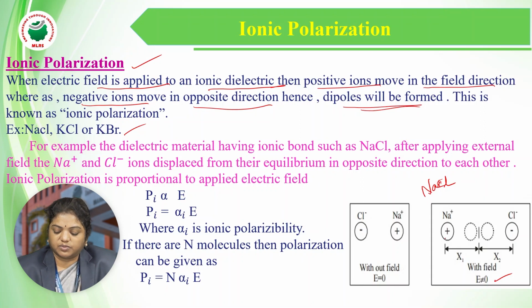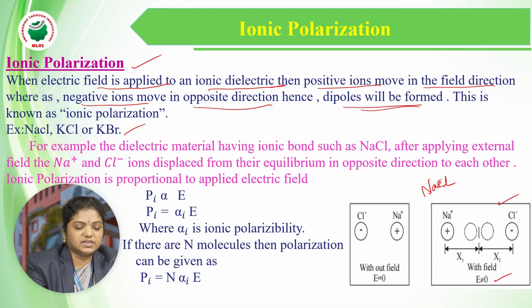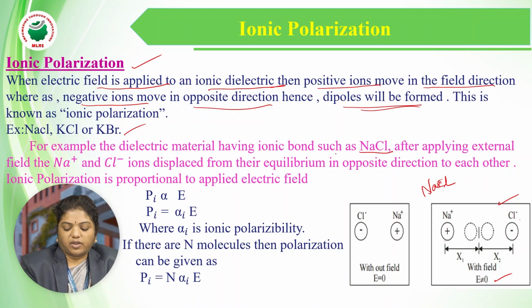Then you observe the dipoles. The Na plus and Cl minus are displaced from their equilibrium position. This kind of polarization is called ionic polarization. The examples are NaCl and KCl. We discussed the ionic bond structure of NaCl already.